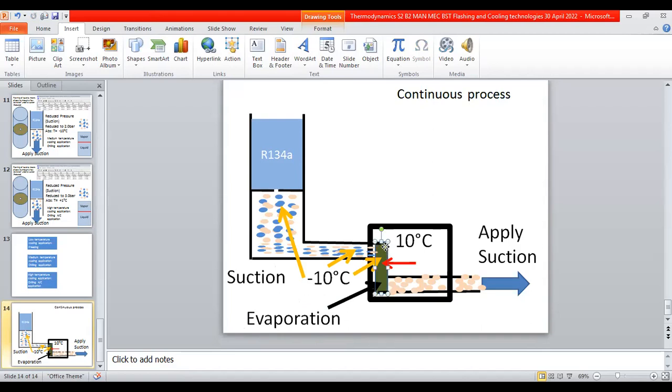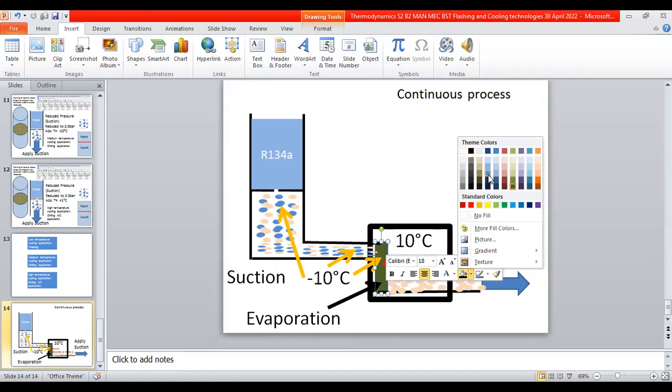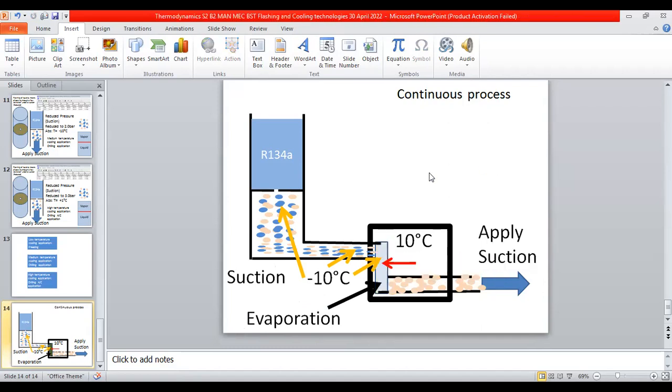So I put it as evaporation. That is fine. I will change this to a more pleasant color. Yeah, good. Good.